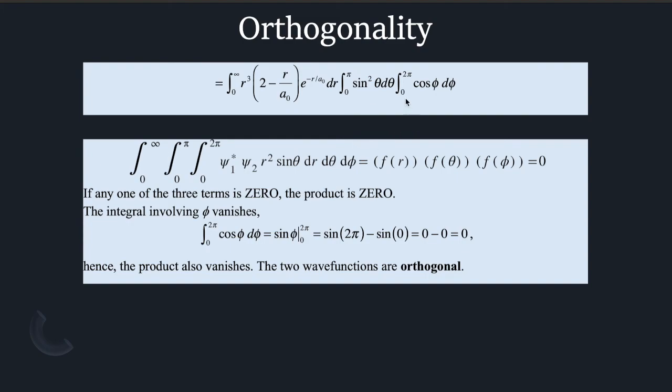Out here, we have an integral over symmetrical limits, from 0 to 2 pi, of an odd function, and that is going to go to exactly 0. Therefore, the product goes to 0, and we've shown what we wanted to show. The 2 wave functions that we've chosen of the hydrogen atom are indeed orthogonal.